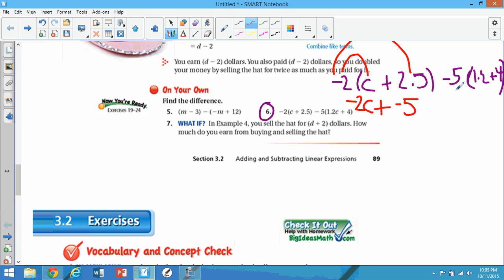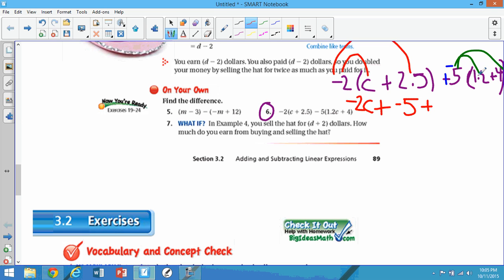Okay, now the second part. You have to turn this minus into plus the opposite. So I'm going to do that and make this plus a negative 5. And then I'm going to distribute it. Okay? So again, you would go negative 5 over the 1.2c and the negative 5 over the 4.